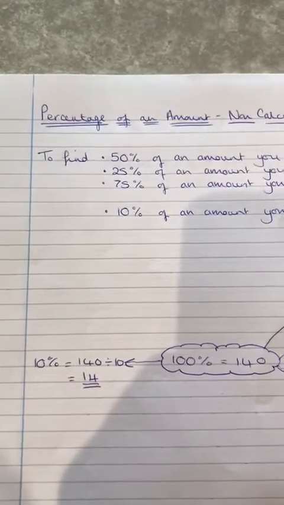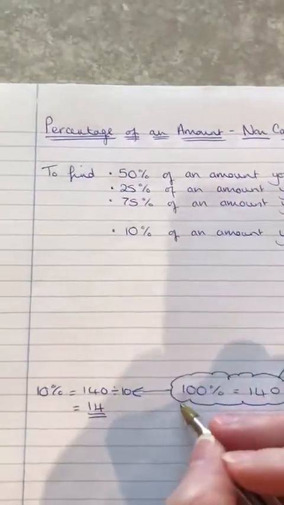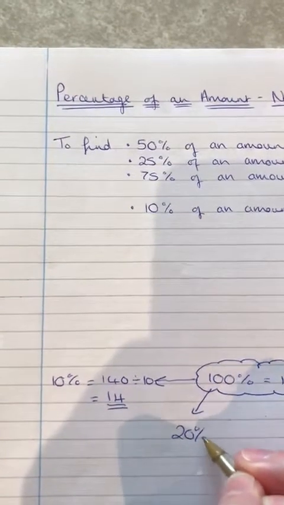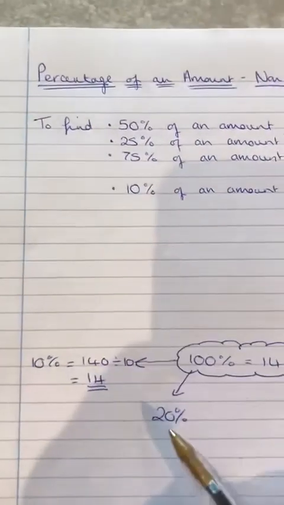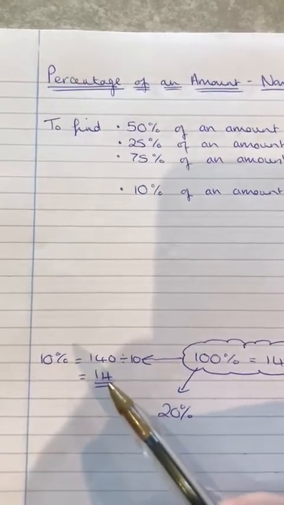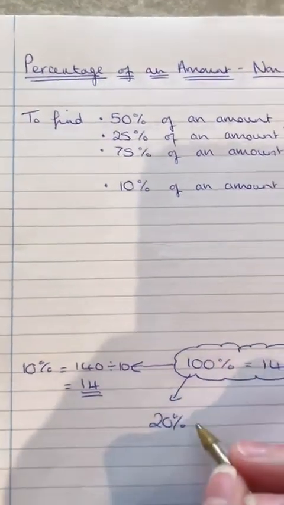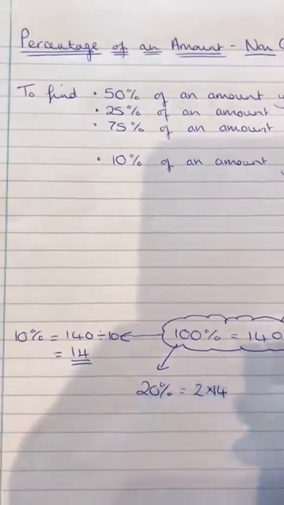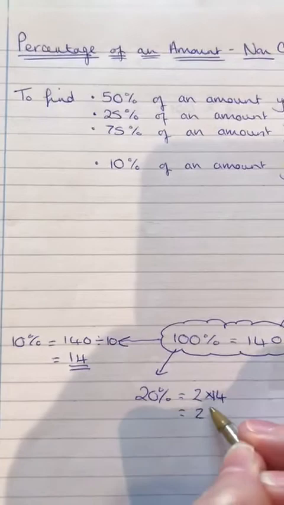So from there, I can do many other percentages. So if I was asked, for example, what 20% is worth, now 20% is obviously 2 lots of 10s, which means that I just need 2 lots of 14. So I would do 2 times 14, to give me 28.